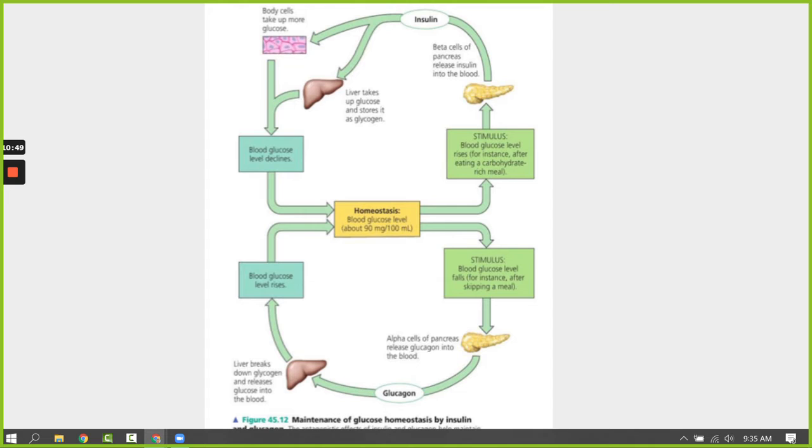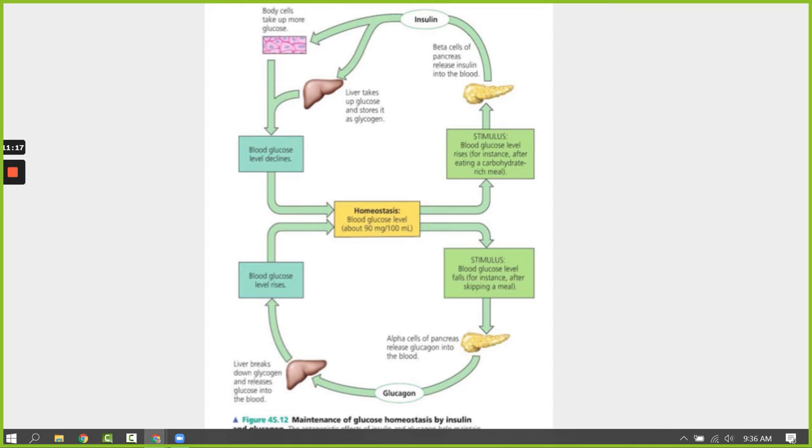Produces a hormone. Do you know which one? Insulin. Yeah. Your body responds by producing insulin. Your pancreas is the endocrine organ that produces insulin. And what does insulin do to your blood sugar? It brings it down. Right? You just ate a bunch of sugar. It's in your blood. Your blood glucose level is high. Your pancreas realizes this.